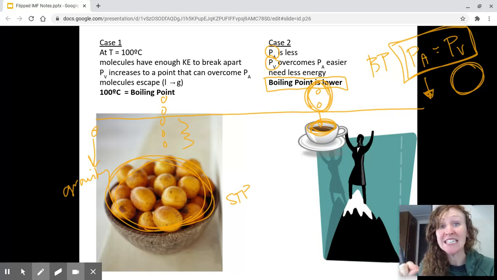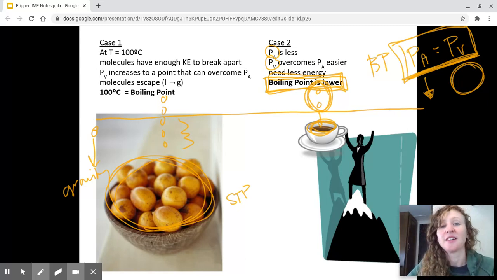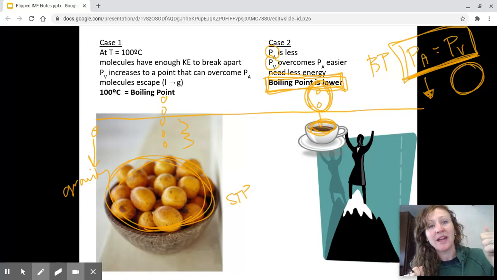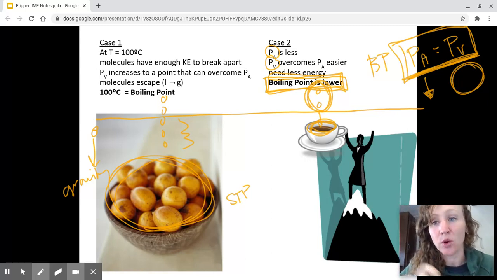You actually need different baking directions because your boiling point is going to change because of this difference in atmospheric pressure. That is now allowing intermolecular forces to be overcome and molecules to escape the liquid phase into the gas phase more easily. And that's what we call vapor pressure.